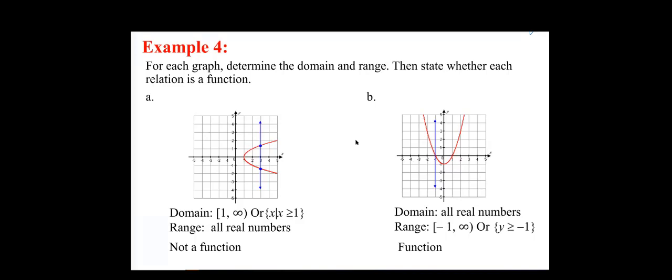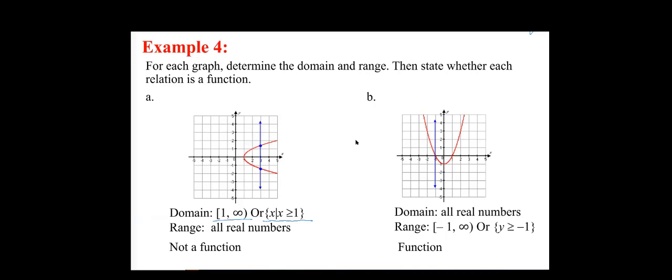This is the notation we use. This is a set builder notation, if you remember, and this is an interval notation. These two mean exactly the same thing. One is written in interval notation, the other in set builder notation. Set builder notation uses brackets, and then we indicate whether we are talking about the values on the x-axis or the y-axis.